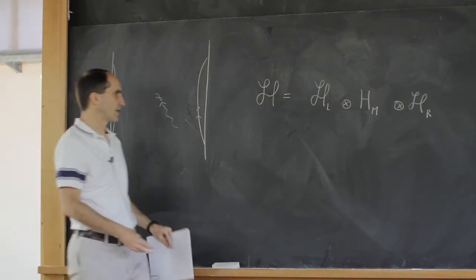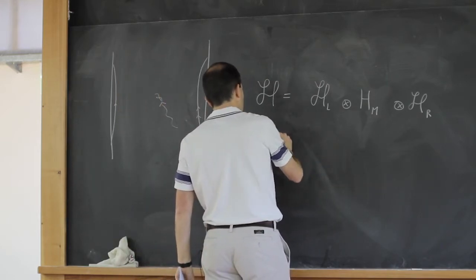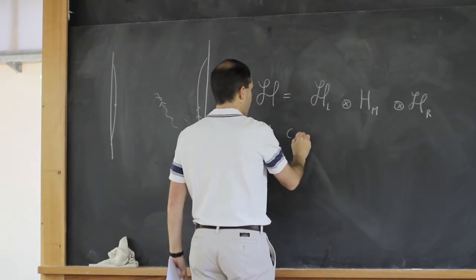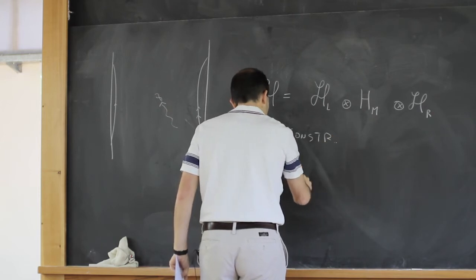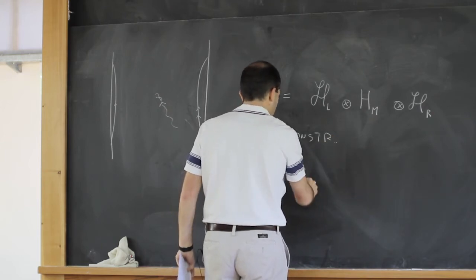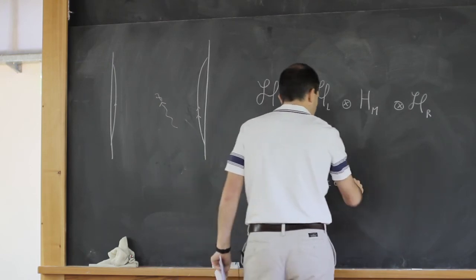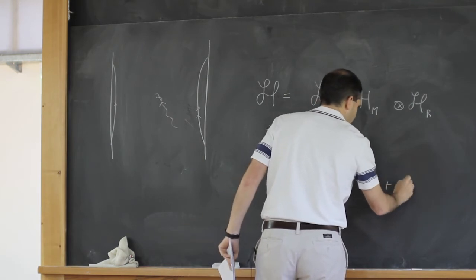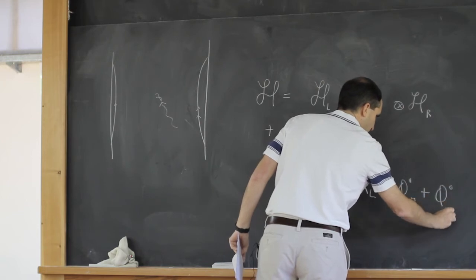So the full system is this plus a constraint: the total SL2(R) charge vanishes. That is the SL2(R) charge of the left particle plus the SL2(R) charge of the matter plus the SL2(R) charge of the right particle.